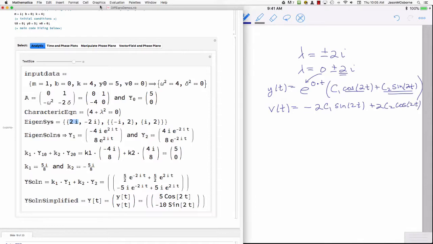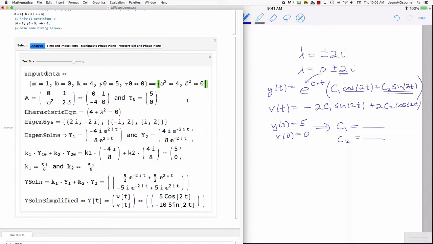And then notice that you had initial conditions for your differential equation of 5, 0. So you had an initial position of 5 and an initial velocity of 0, which you can use to solve for C1 and C2.